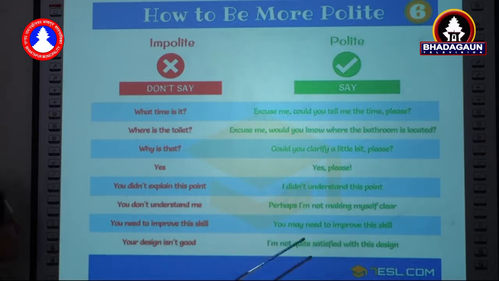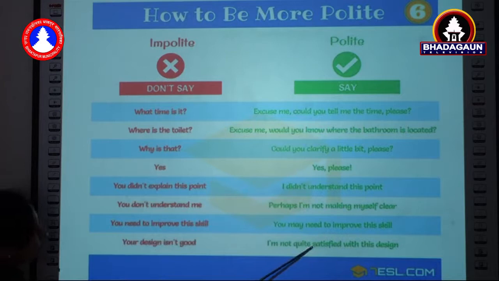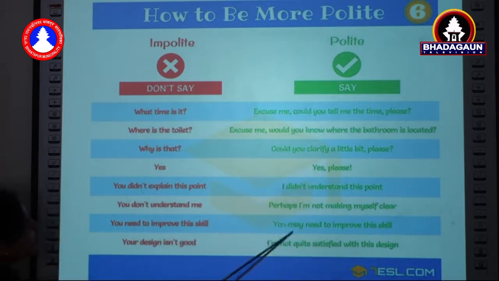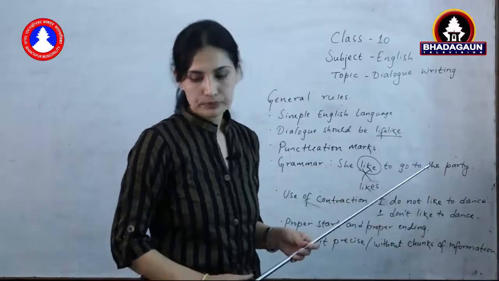Instead, let's say "I'm not quite satisfied with this design." As I told you earlier, the first versions sound informal, whereas these sound formal, polite and diplomatic, and it is simple English too. These are not very sophisticated language that we can't use in dialogue writing. They are simple, polite, diplomatic and formal too.